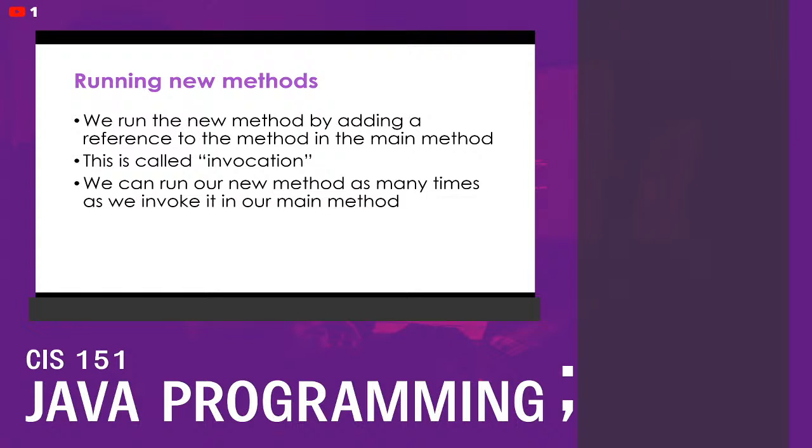If it's a different method outside of that main method, it's not going to know to run it unless you put a call to that method inside of that main method. So we can invoke our new method as many times as we want inside of our main method to help us do our job.